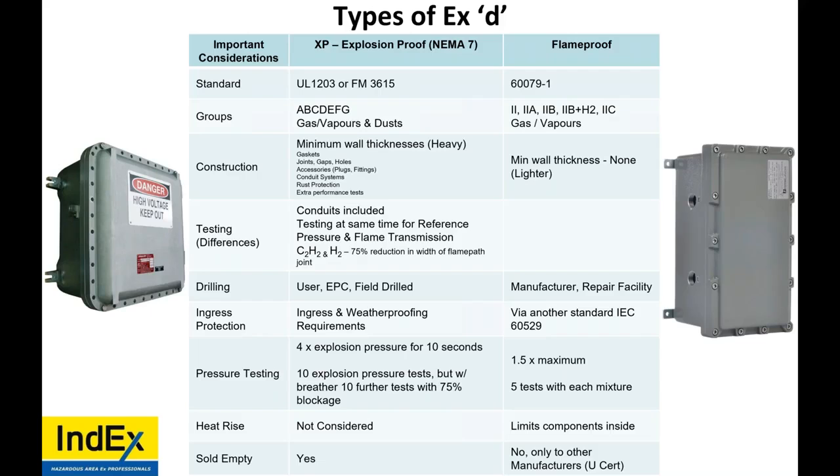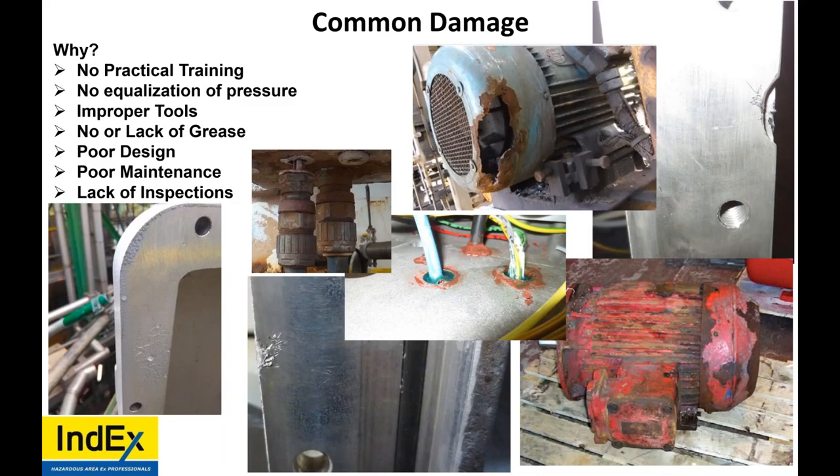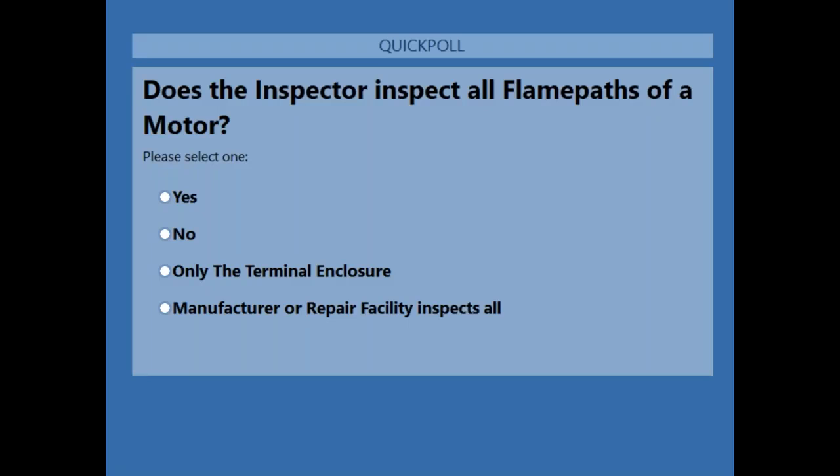Okay, next. Let's see if I can give you a question. Let's ask you a question about that motor we looked at before. Does the inspector inspect all the flame paths? So this is multiple choice, but I've made it where you can only select one.